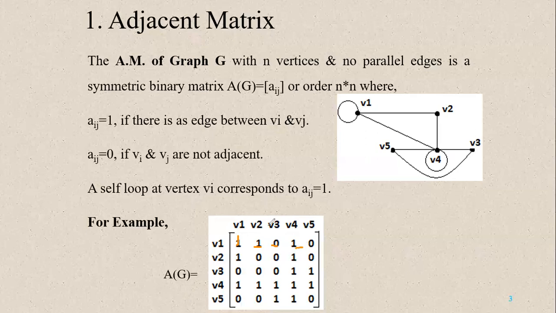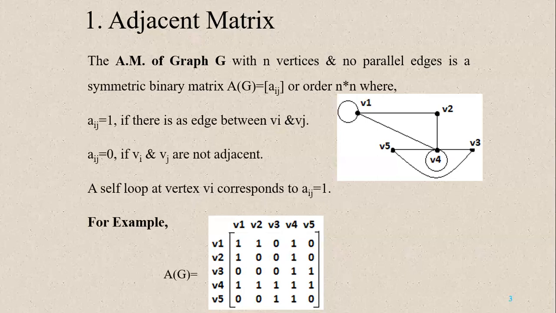Next, V1 to V5: these two vertices are not adjacent, so 0. Like that, we can write the 5 cross 5 matrix using this graph. Finally, we get this answer. This matrix is called the adjacency matrix. I think you are all clear in this concept. The first topic is over.